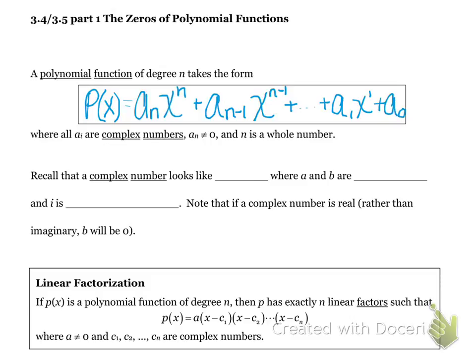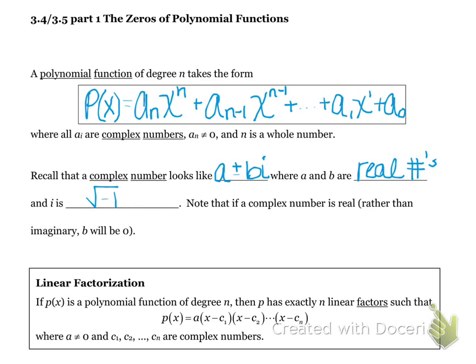So all of our degrees are whole numbers, and our leading coefficient can't be 0 because then it would take away degree n. Recall that a complex number looks like a plus or minus bi, where a and b are real numbers, and i is the square root of -1. i is the complex part of that number.